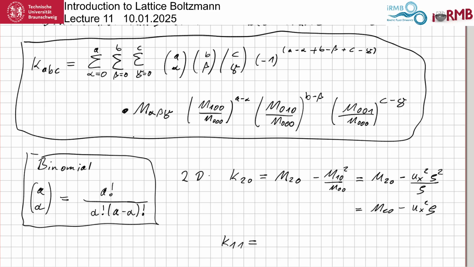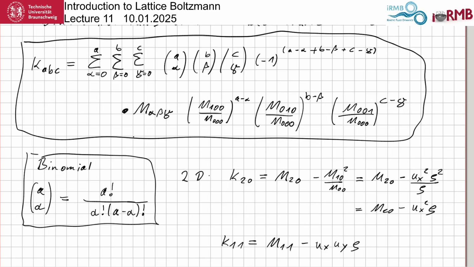And very similar, K11 is, okay, can you give me a guess what is K11 in terms of raw moments? It's going to be M11 minus, it's a guess, right? It will be UX squared? Or UX times UY. Okay, that sounds better, times rho.